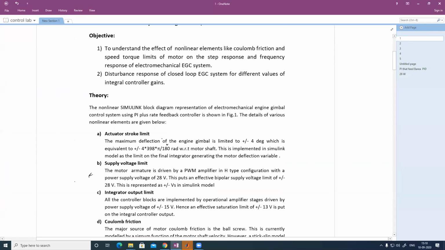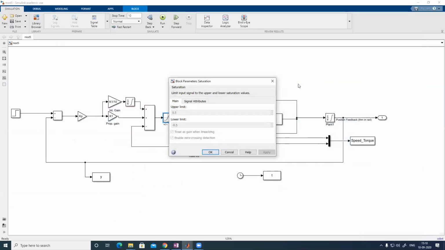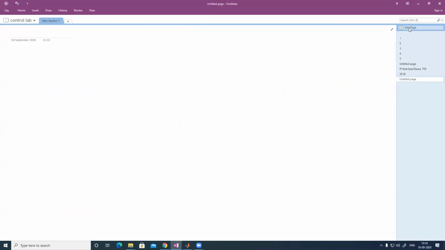And the third one is this PI controller integrator limit. The PI controller is designed using an op-amp only, as taken in the class lecture.